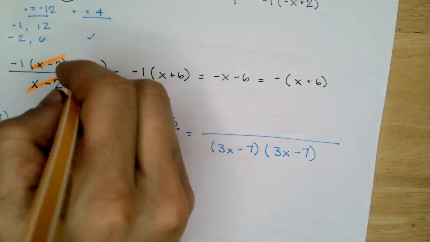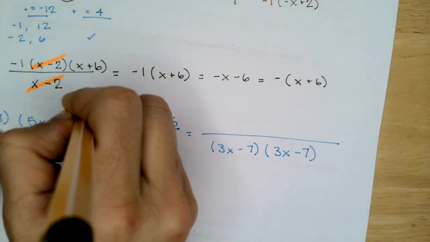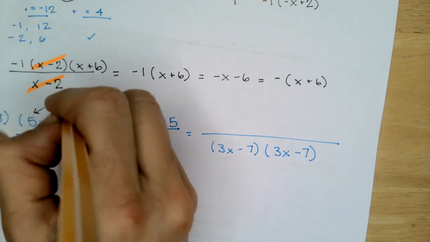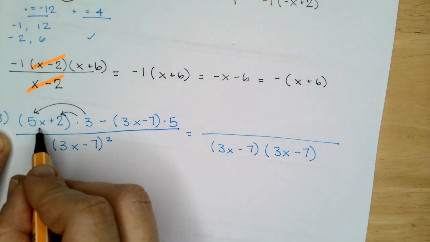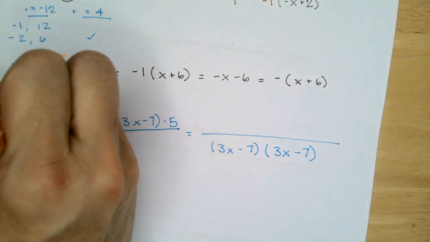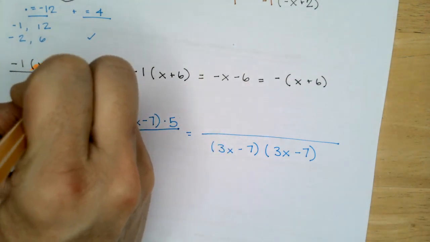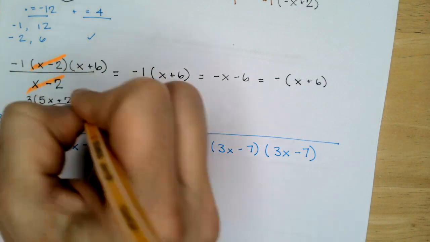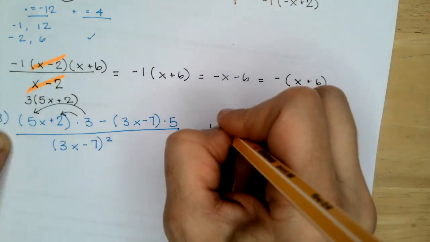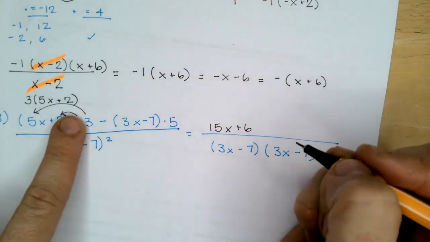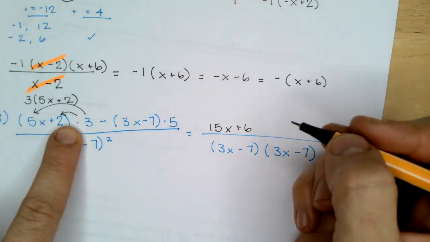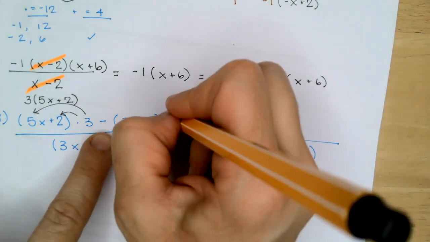Now distribute very carefully. This 3, even though it's behind, gets distributed to the 5x and the plus 2. So another way to write 5x plus 2 times 3 is 3 times 5x plus 2, right? So 3 times 5 is 15x. 3 times 2 is 6. Now, same thing here.